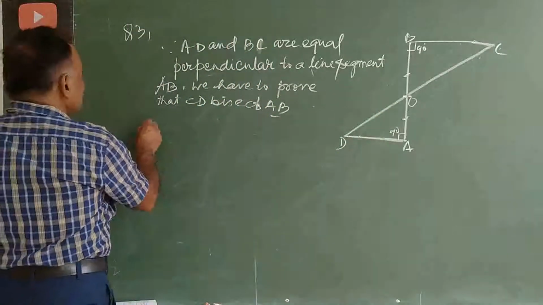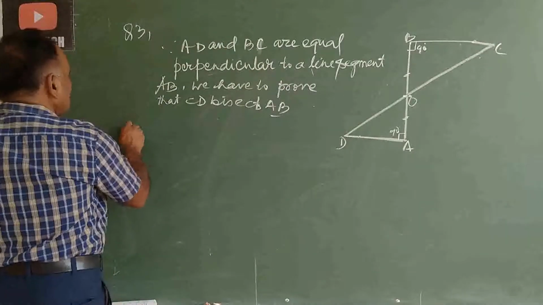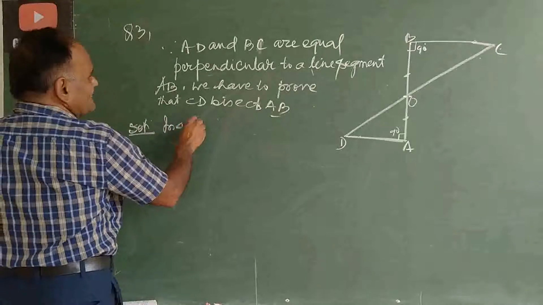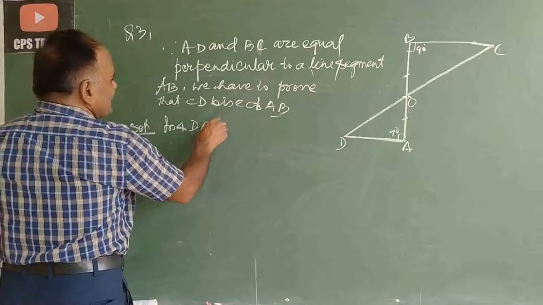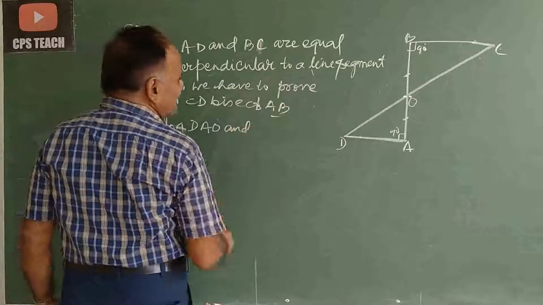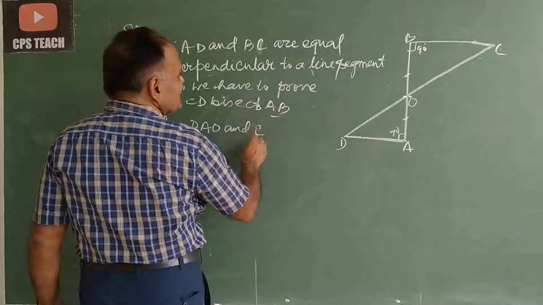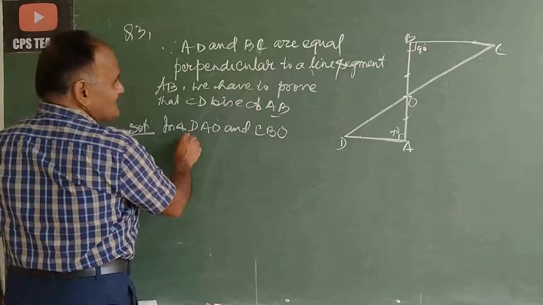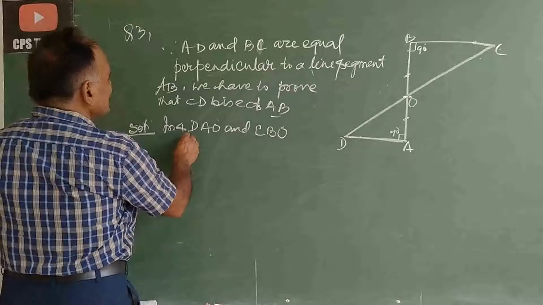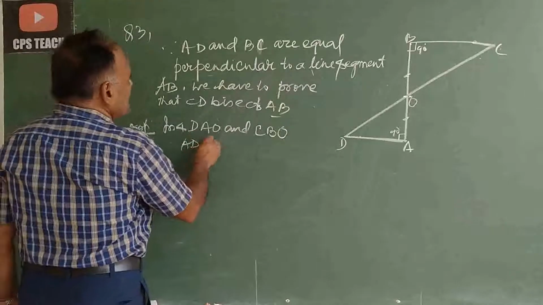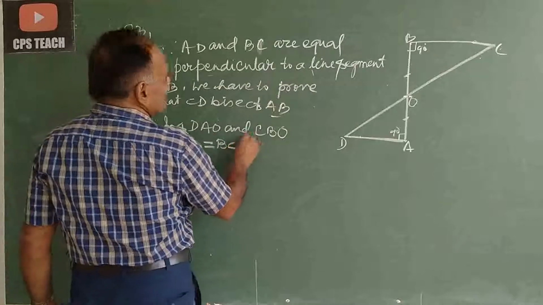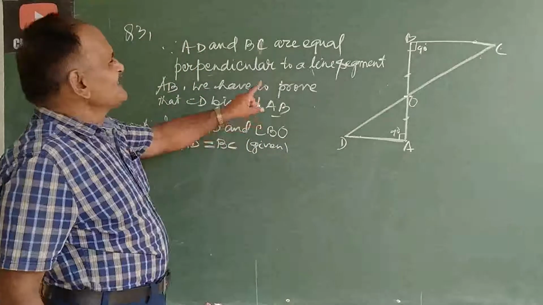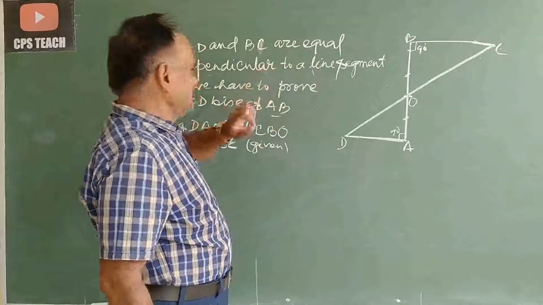Now in triangle DAO and CBO, AD बराबर BC, given. These two line segments are equal, it is given.